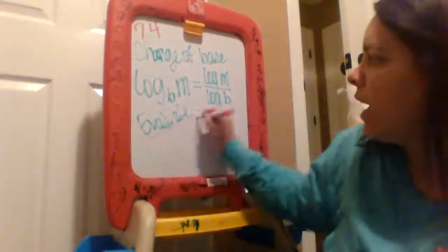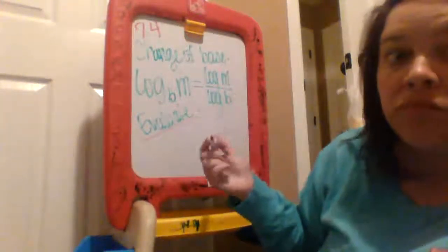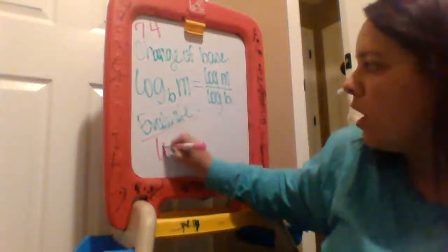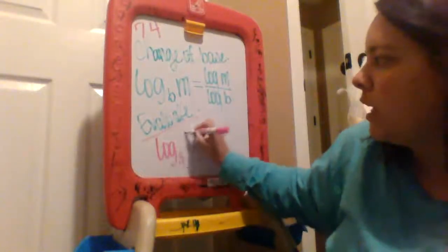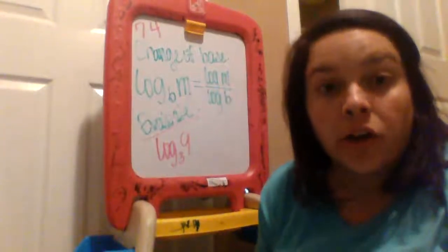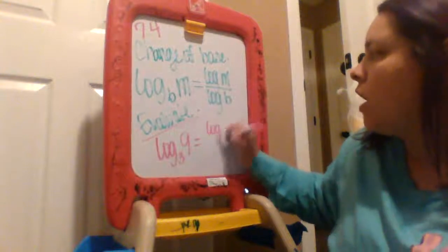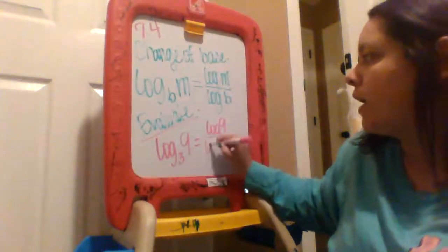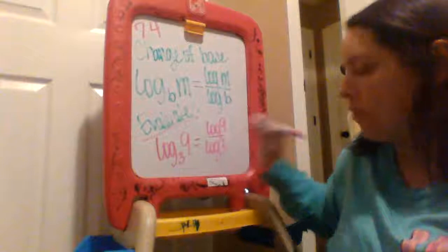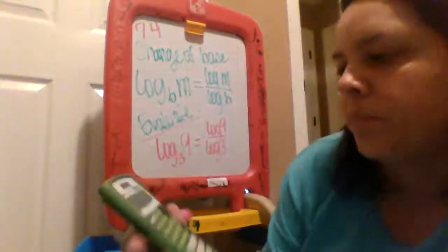So if I was to evaluate one of these, let's do one that we would know, okay? Log base 3 of 9. You could figure this out quickly on your calculator by taking log of 9 and dividing it by log of 3. So on your calculator, you should find a log button.